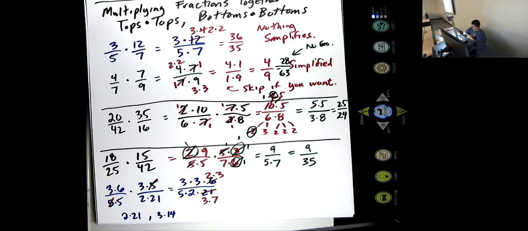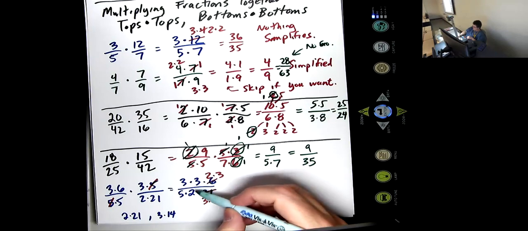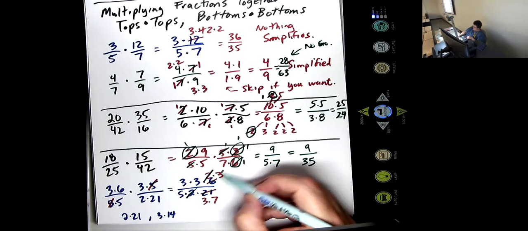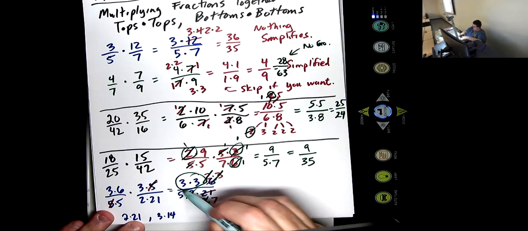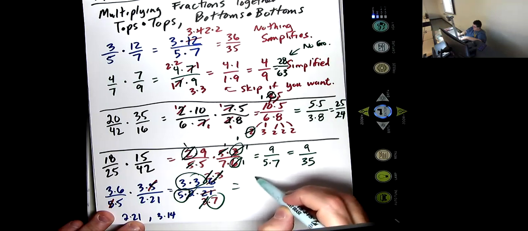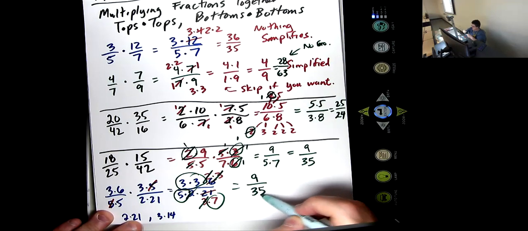So the 21 would be broken down until it can't be broken down anymore? Yes, you want to break it down to make sure nothing else cancels. Because otherwise it will not be in simplified form. So here we can cross off a 2. We can cross off a 3. And we're left with 3 times 3 and the 5 and the 7. 9 over 35 again.